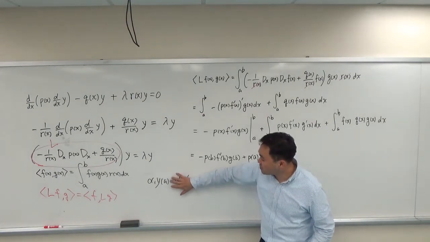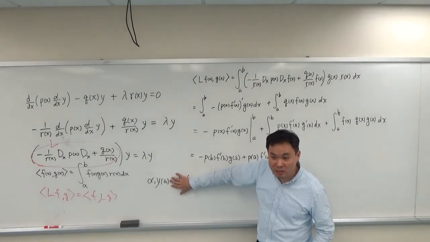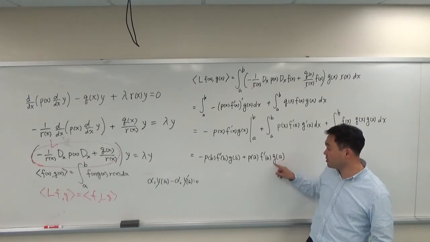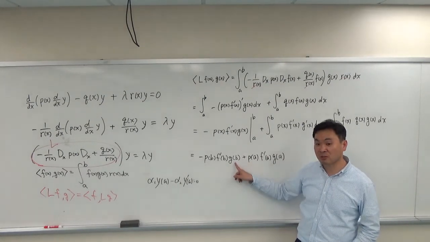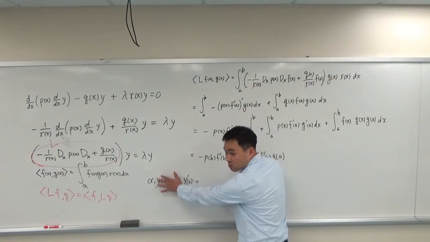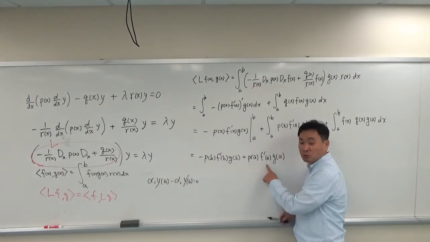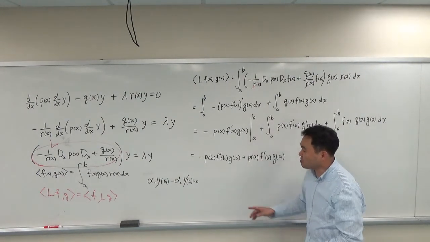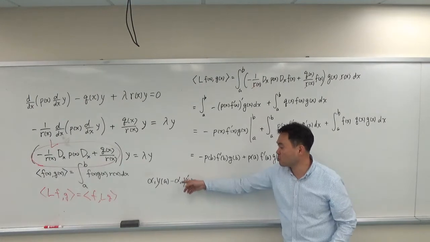If the value of the function at a is 0, then this will be 0, because of g(a). And this will be 0 because of g(b). If the condition was that only the derivative is equal to 0, then this will be 0 and this will be 0. And what happens if you have a mixture of both? These are called Robin conditions.